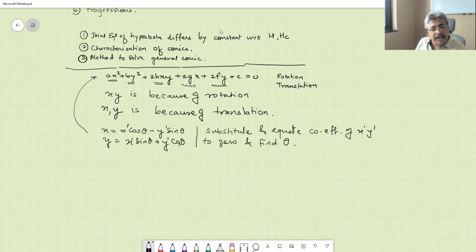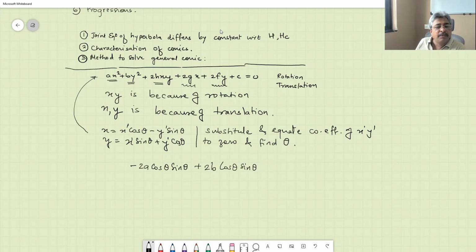If ax square is substituted by this, then what is the x dash y dash term? It is minus 2a cos theta sin theta. The second term will give plus 2b cos theta sin theta.